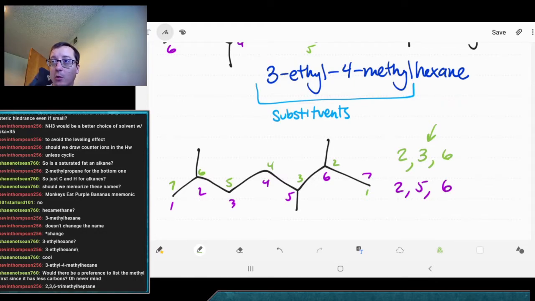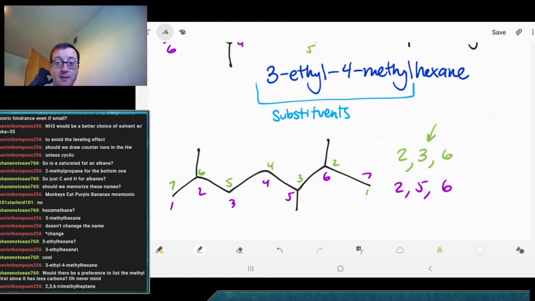So you always are shooting for the lowest possible numbers. It's always your point of difference. They both have something on carbon 2, but then the next one has something on carbon 3. So that's the one we're going to choose. The others have higher numbers, so we always choose the lowest numbers from the first point of difference.